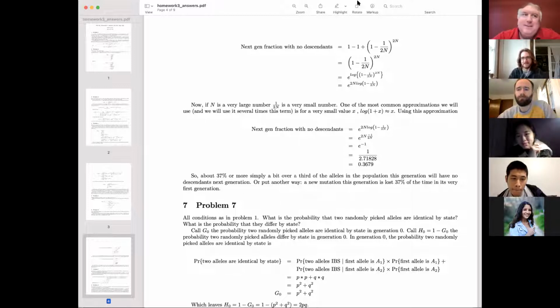So let's imagine for the moment that Fisher-Wright sampling were approximatable as a Poisson, where every individual leaves 1 kid.